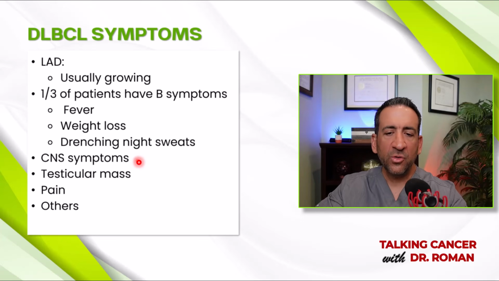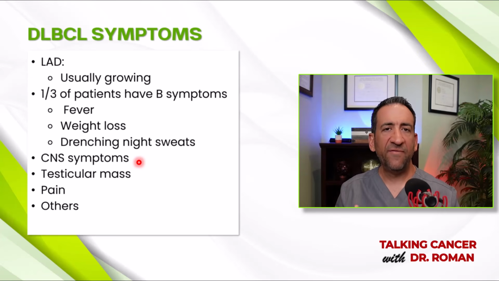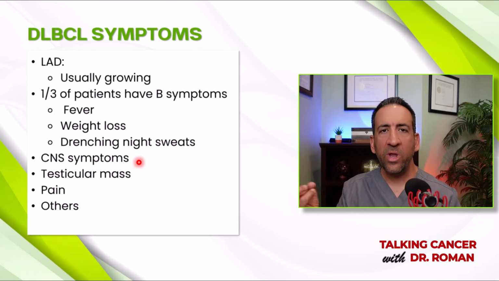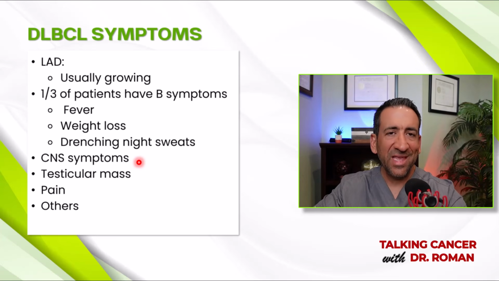All right. The next one is central nervous system symptoms. This is if you have lymphoma in your brain, or you have lymphoma within your cerebral spinal fluid, where you can have blurry vision, or issues with coordination, or weakness in one hand compared to the other, depending on where it is in your central nervous system. You can have CNS type symptoms. Also a testicular mass.